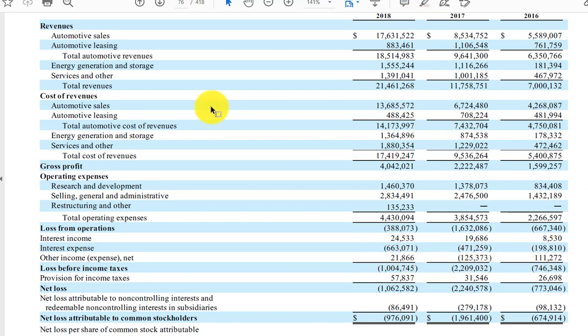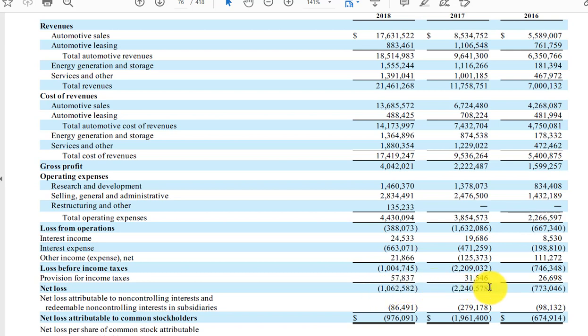So why would investors still invest? Well, they're counting on these huge increases in sales to eventually wipe out this net loss and turn it into a substantial net income.